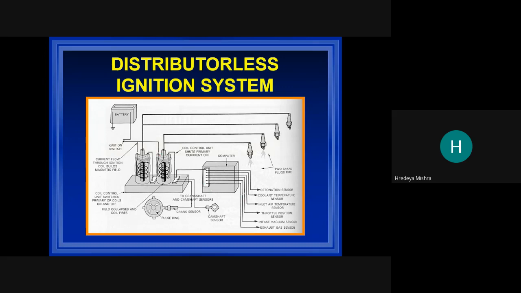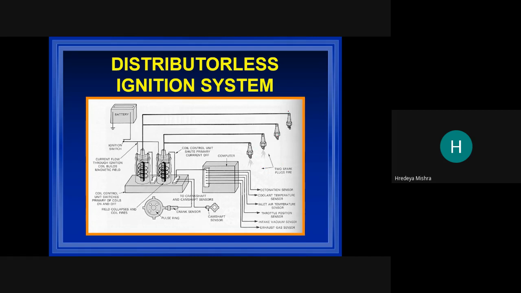So here it is the same thing. Here two coils are used. In the previous two types one coil is used, here two coils are used. And these are our computers, because this ignition system is controlled by the computer, so efficiency is very high.